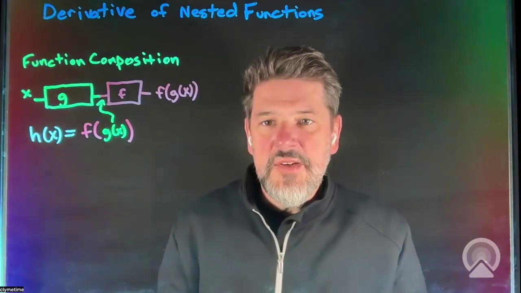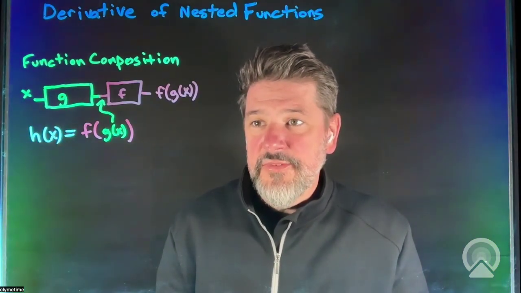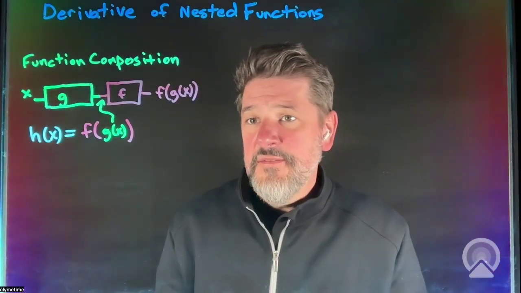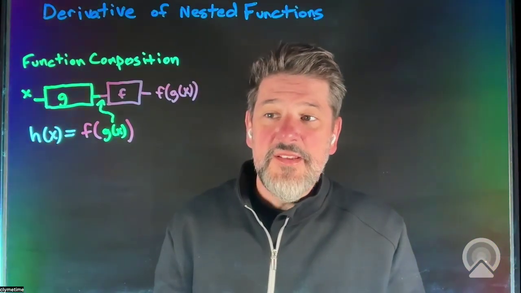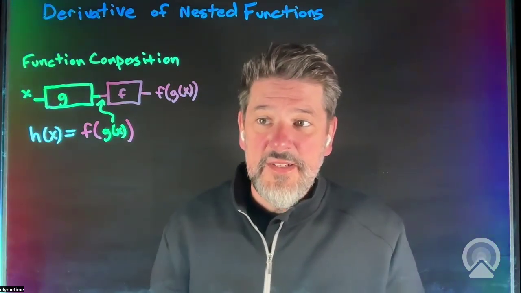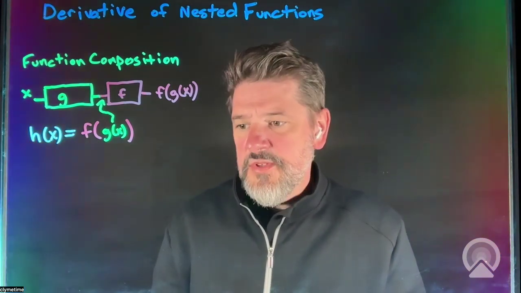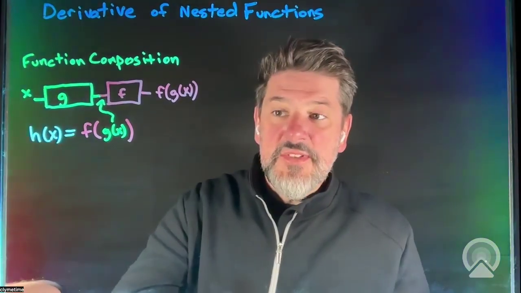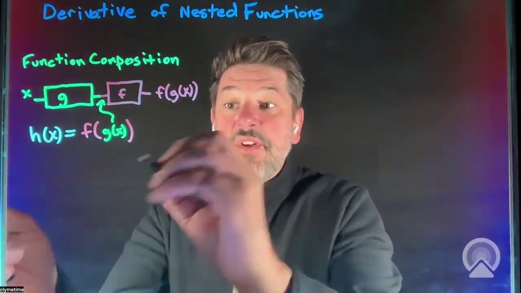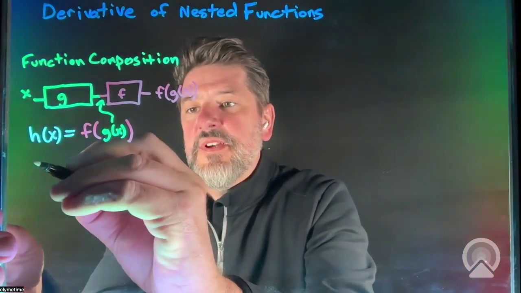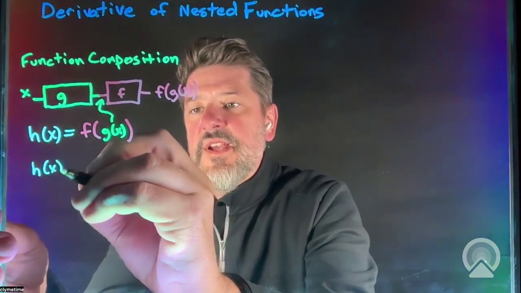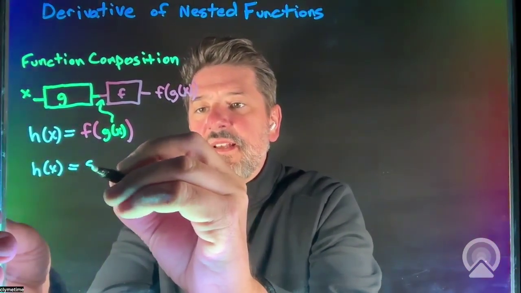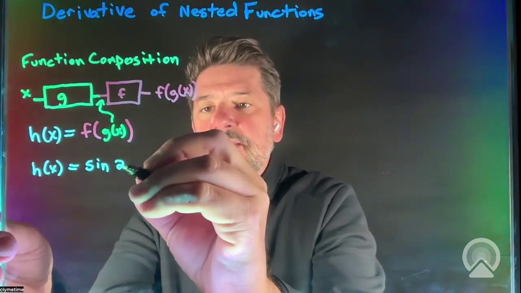All right, so the question is, how do we take the derivative if we have a function within a function? How do we take the derivative of h of x? What does that look like? So I'm going to look at a specific example first, and then we're going to go from there. So let's assume h of x is equal to the sine of 2x.